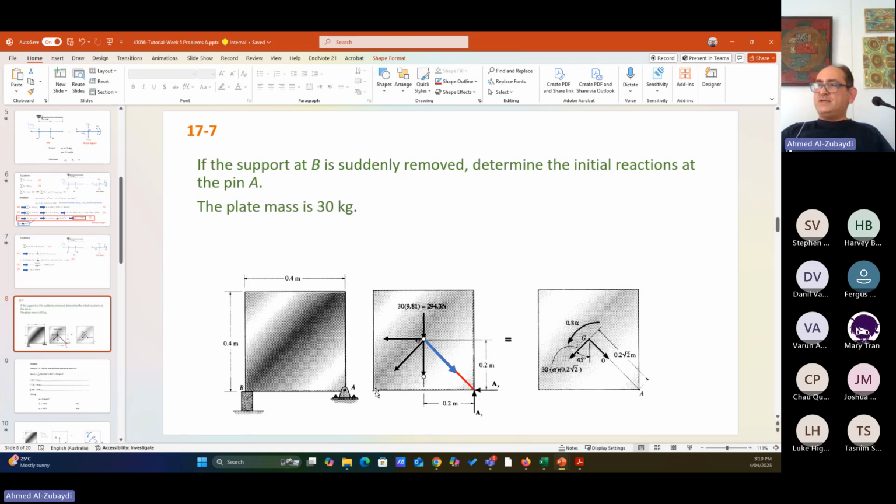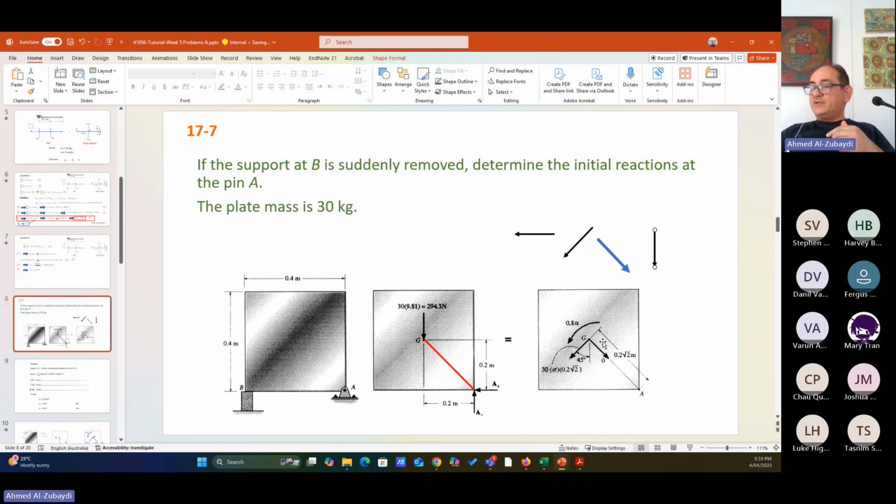Now we have the free body diagram and we have the kinetic diagram. Well, actually, I put that in the free body diagram, which is wrong. This should be done on the kinetic diagram. Here we have the weight going downward and the reaction at the point A, vertical and horizontal.